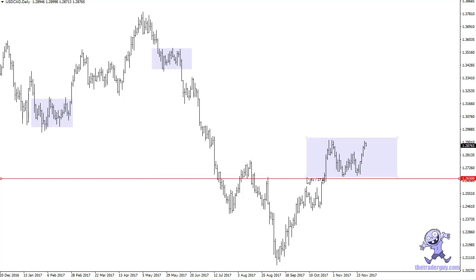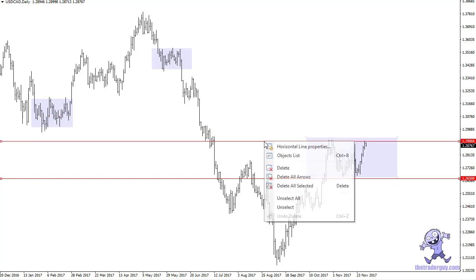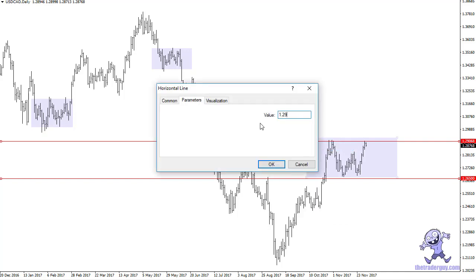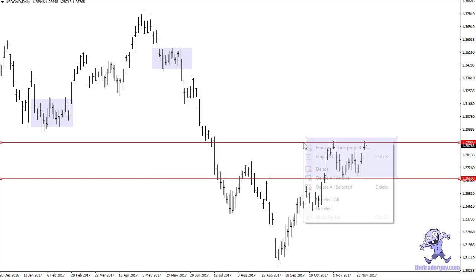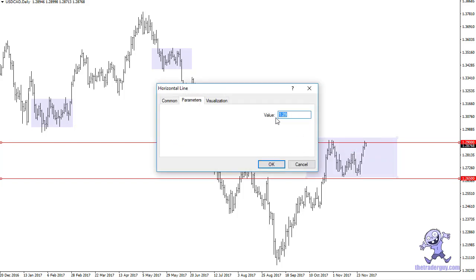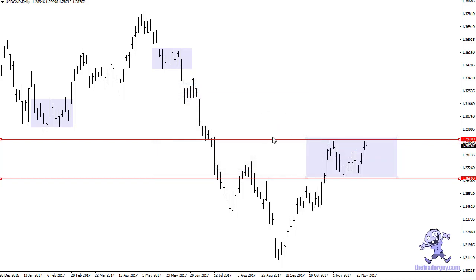And remember, I tend to try to use round numbers whenever possible, so it just makes things a little bit more simple. So there I would have 129, although I recognize that it isn't perfect, you could even go 129.20. That might be a little bit better for what's going on, but 129 would be close enough for my purposes.